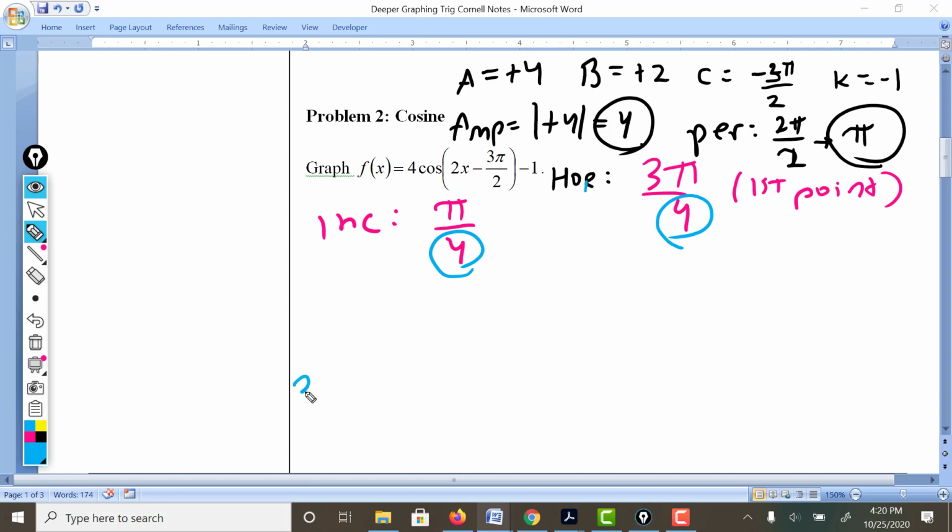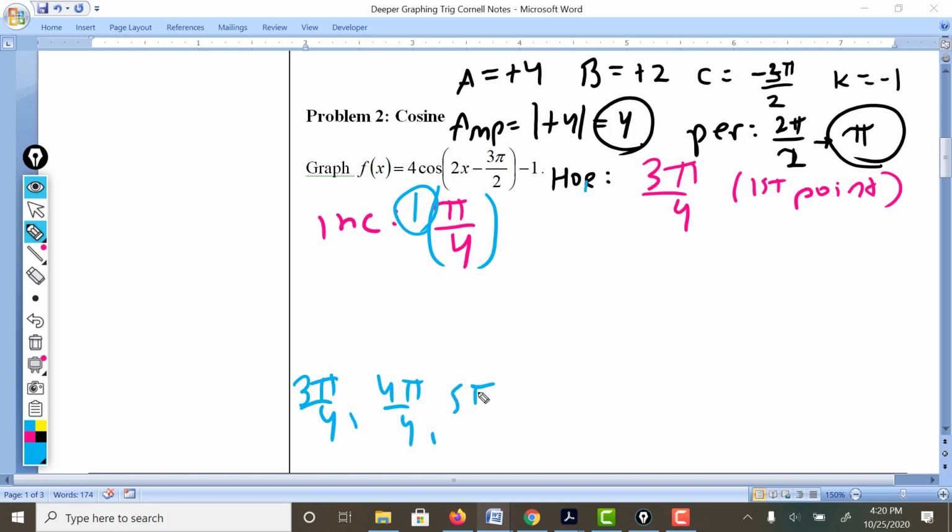So we got 3 pi over 4 as my first point. I don't have to do any manipulation of the denominators or numerators because the denominators are the same. You'll notice that there's a 1 out here, so we're going to be going up by ones. 3 pi over 4, 4 pi over 4, 5 pi over 4, 6 pi over 4, 7 pi over 4.